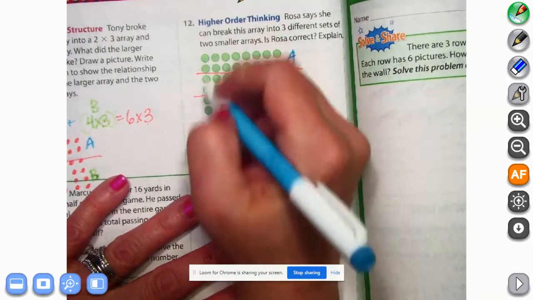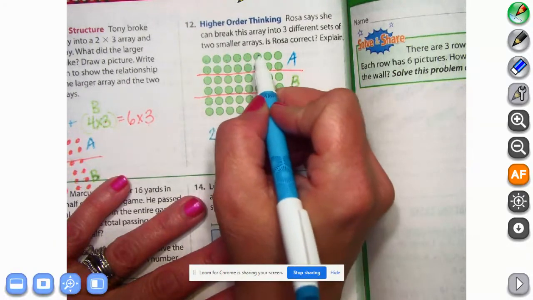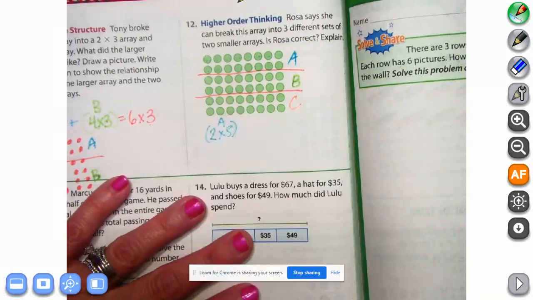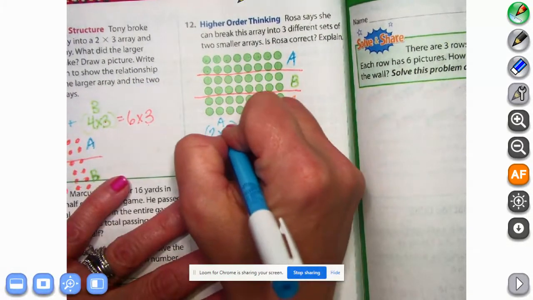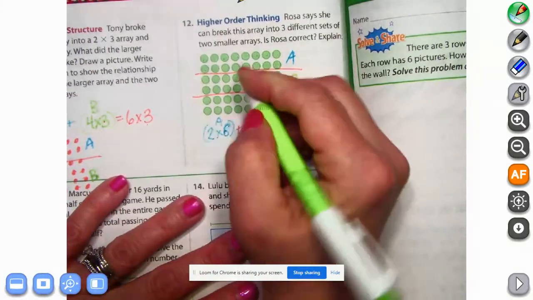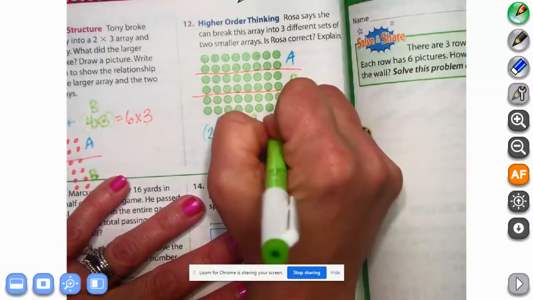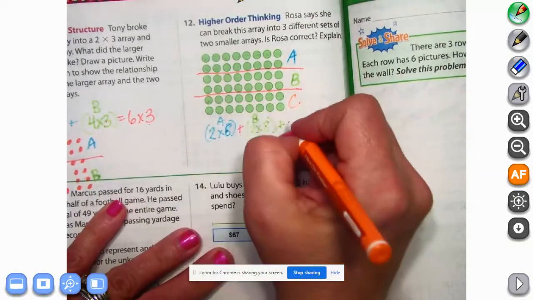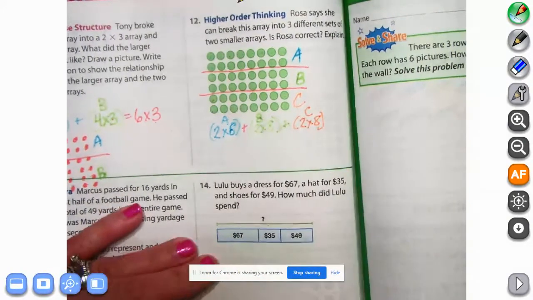All right, let's write the problem for A. A is 2 times 8. Okay, that's A. And B is going to be 2 times 8. And C is going to be 2 times 8.